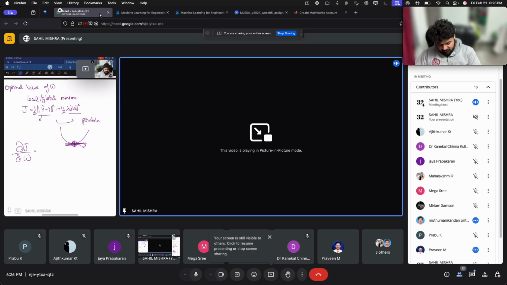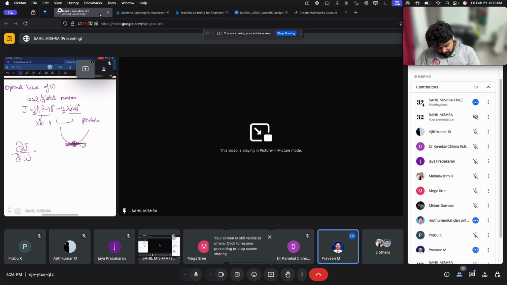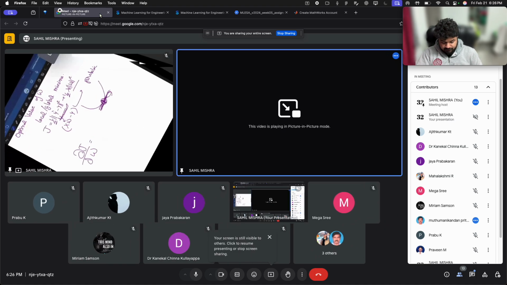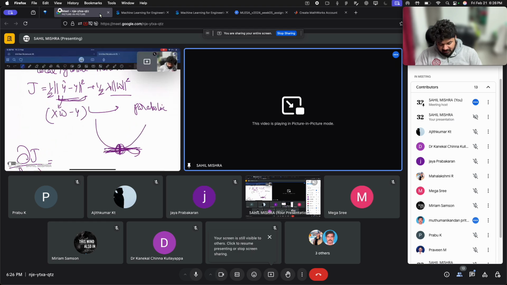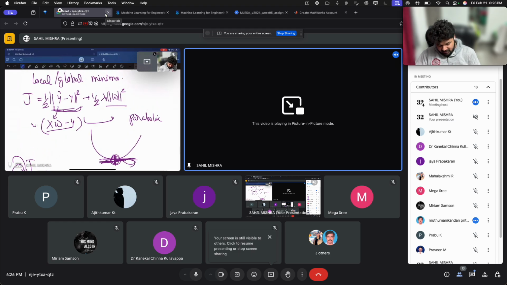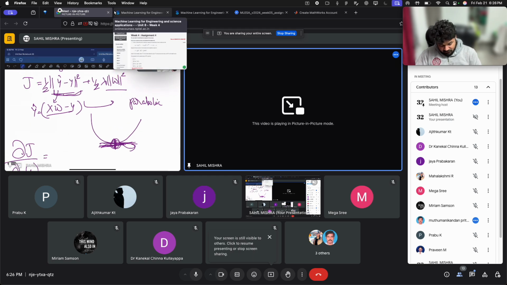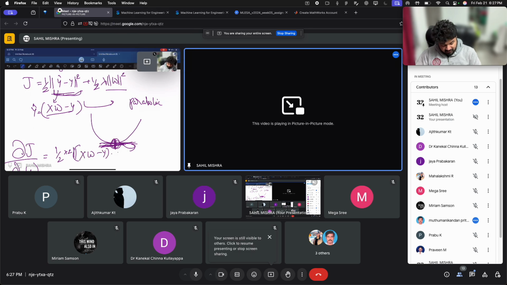Let me write y cap as XW. Y cap is simply this thing only, y hat or whatever it is. So this becomes 1 by 2 into 2 times (XW minus y) dot times X.